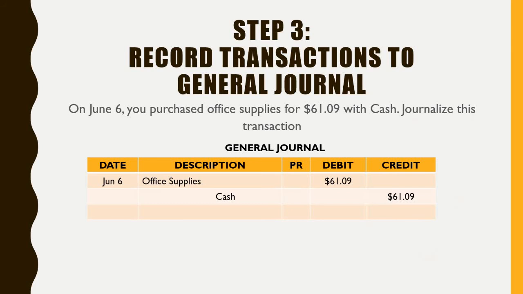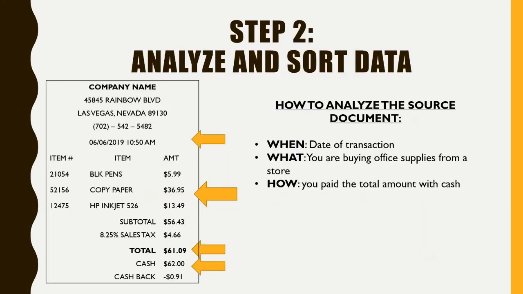So here we're going to record that on June 6th, I purchased a total of $61.09 of supplies, okay? Now, notice I've written it for $61.09. If I look at my source document again, I was actually taxed $4.66. So my original price that I purchased it for was $56. But why am I recording it for the full amount?